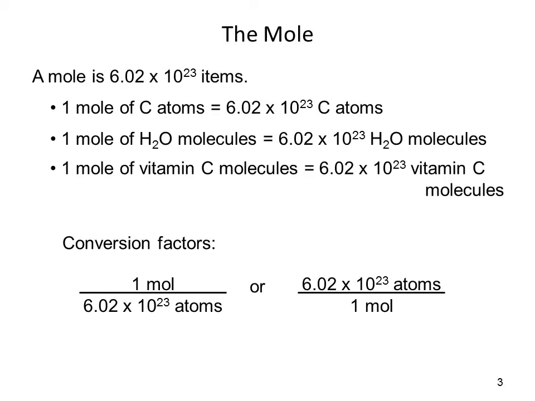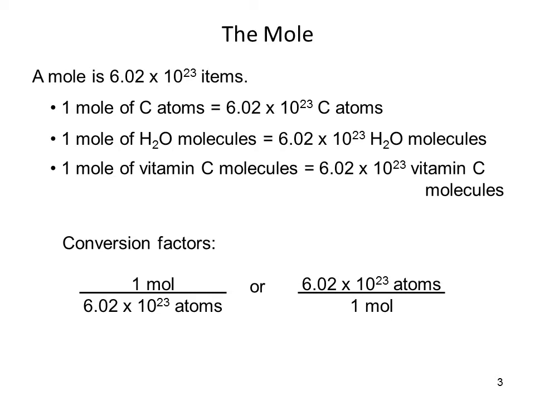So a mole is 6.022 times 10 to the 23 items. So we can use the word mole with atoms or molecules. If you have 1 mole of carbon atoms, well then it's going to be 6.022 times 10 to the 23 carbon atoms. If you have a mole of water molecules, well it's 6.022 times 10 to the 23 molecules.